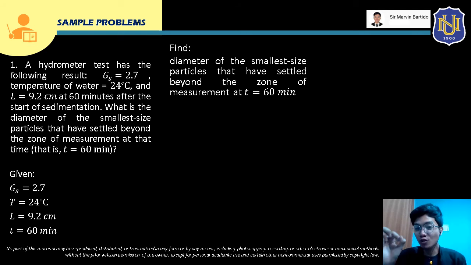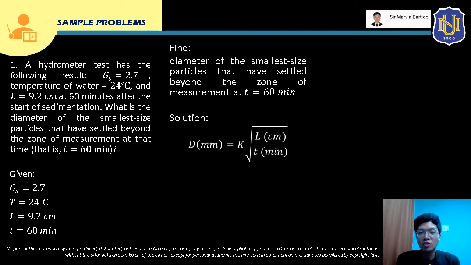Kasi kung yung diameter ng soil particle is equal dun sa diameter, hindi rin siya magpa-pass through dun sa diameter na yon. So, ibig sabihin, yun yung smallest size particle na nagsettle. So, isa-solve natin dito, class, yung diameter using our formula.